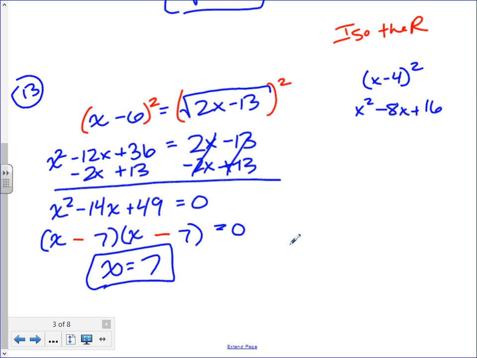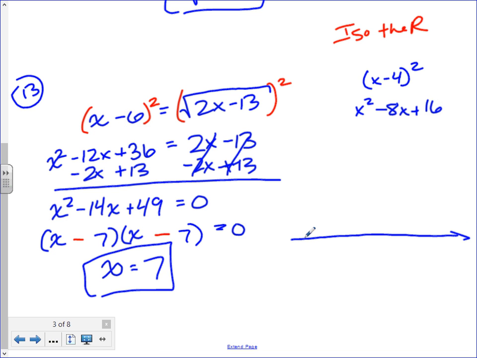But here's the real question. If you're really good, you can picture what the graph looks like. A parabola, the point, the 0 is at 7, but the minimum, yep, the minimum is at 7 too, the 0 and the minimum.